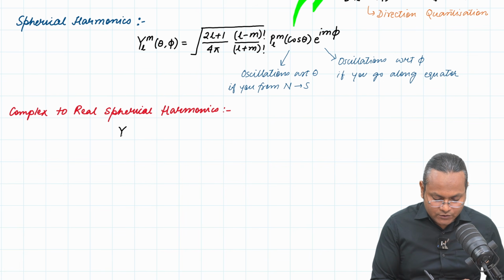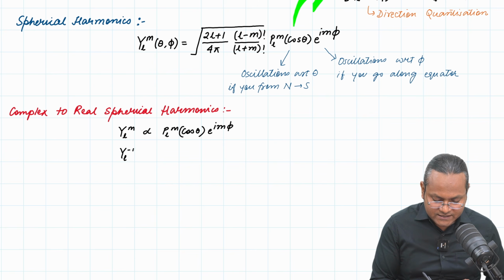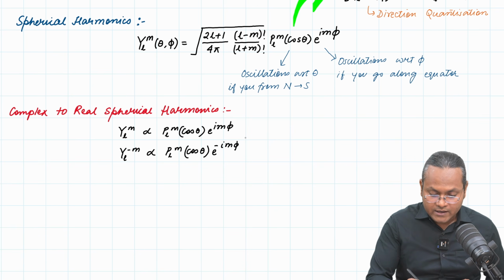If you notice, Y_L^m is proportional to P_L^m(cos theta) e^(i m phi), while Y_L^(-m) only affects the azimuthal solution, and you end up getting e^(-i m phi).